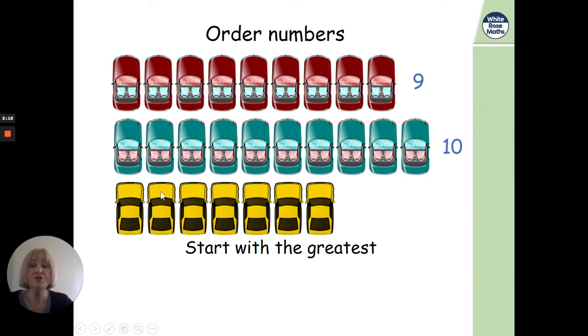And the yellow, 1, 2, 3, 4, 5, 6, 7. So if we're starting with the greatest, what's the biggest number? 10. Well done. That blue line, 10. And then after the blue line, what's the next biggest? Well done, it's the 9, the red ones. And then the least, 7.